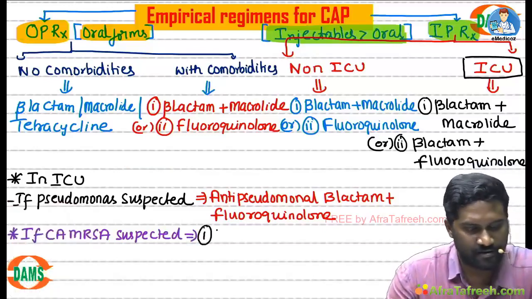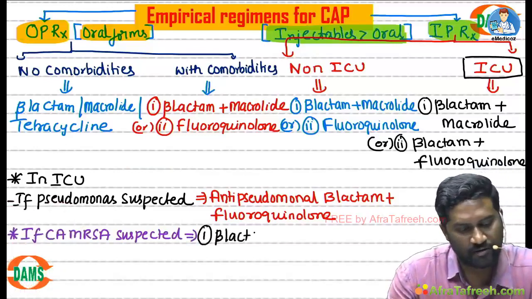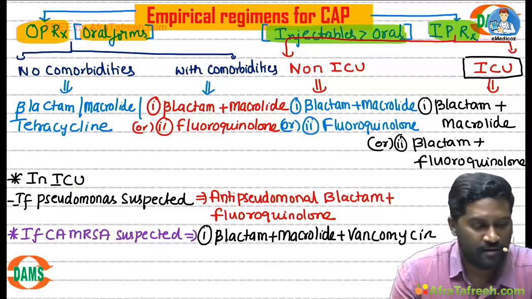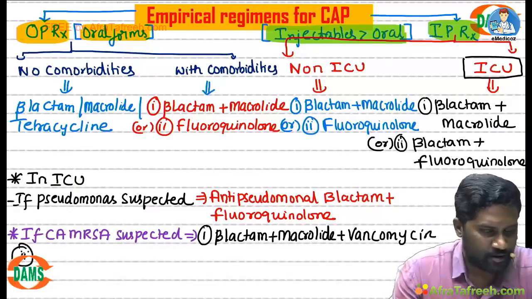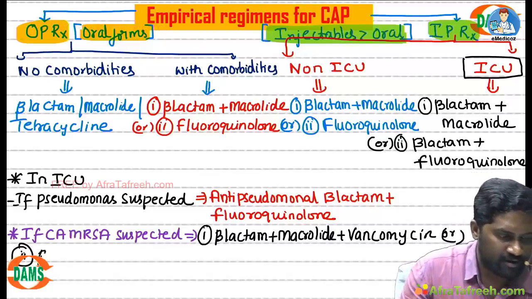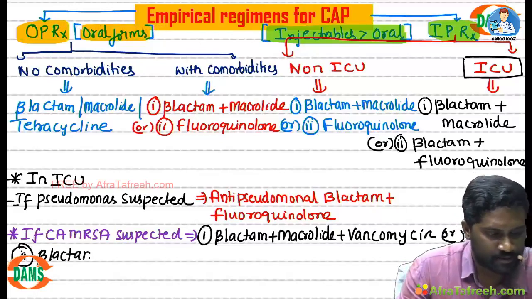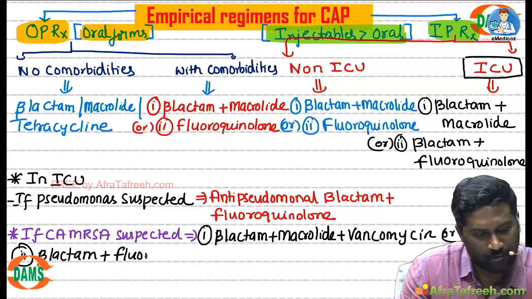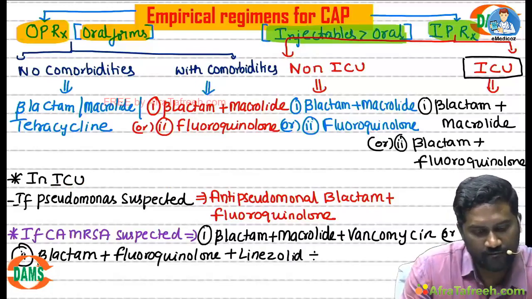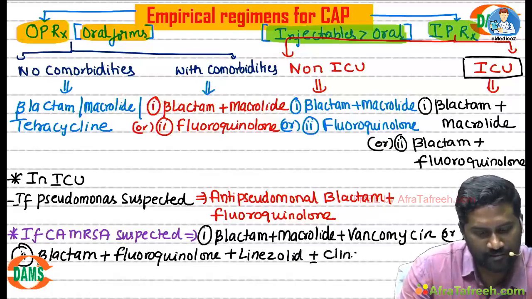See, the first regimen will be combination of beta-lactam plus macrolide plus vancomycin. There is another regimen, the second regimen: a combination of beta-lactam plus fluoroquinolone plus linezolid with or without clindamycin.